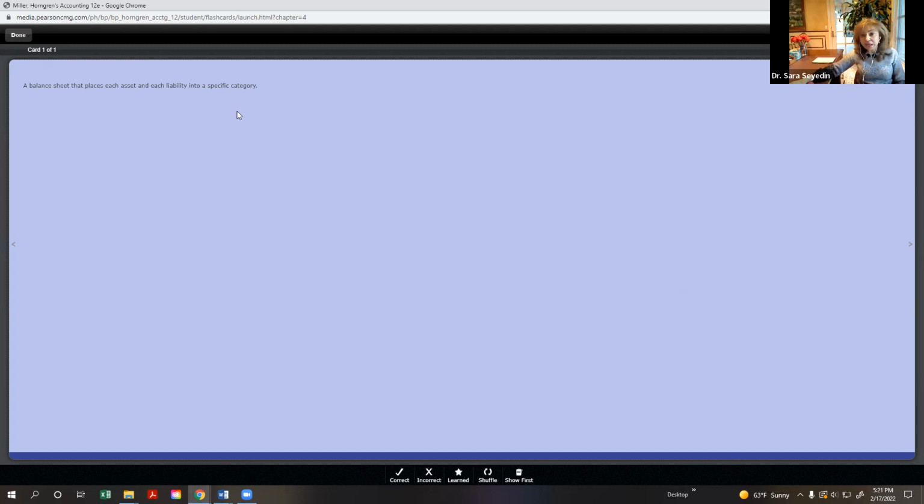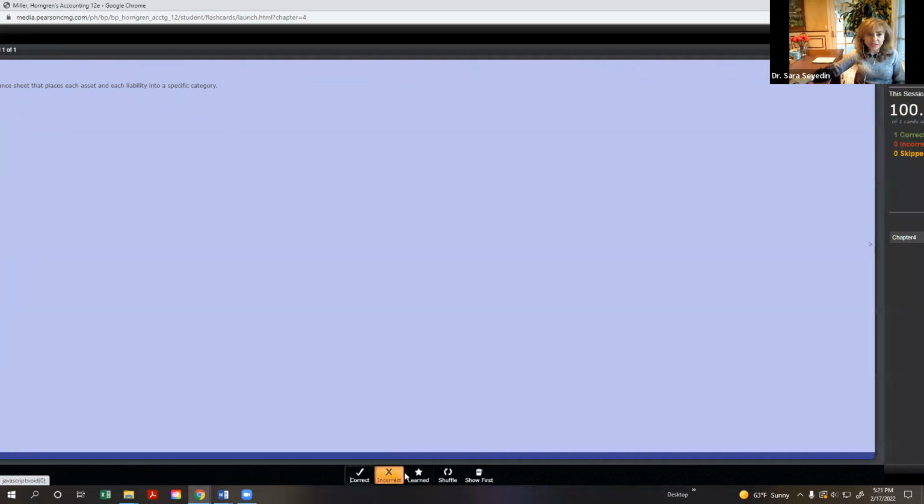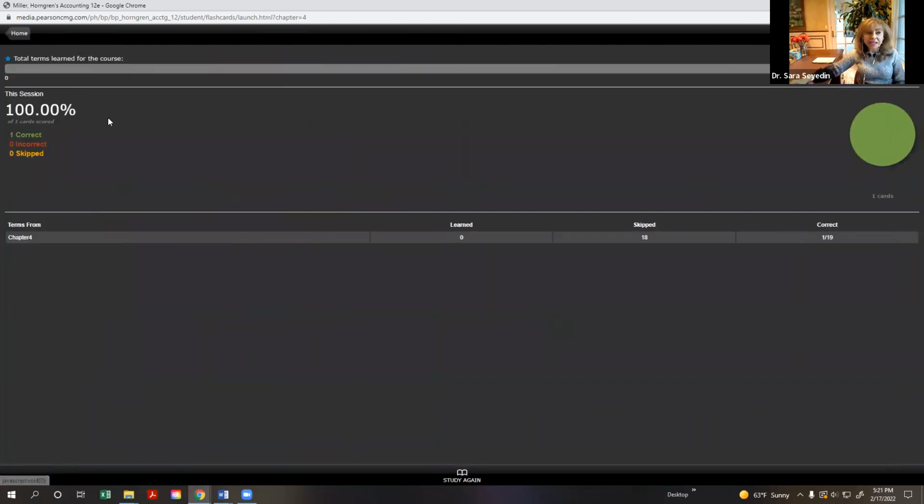And that is correct. So at the bottom, I'm going to either select correct or incorrect or just show me. So I'm going to just say correct. And it says, yeah, I got 100%. Yay. So that's a very good interactive way of going through each chapter.